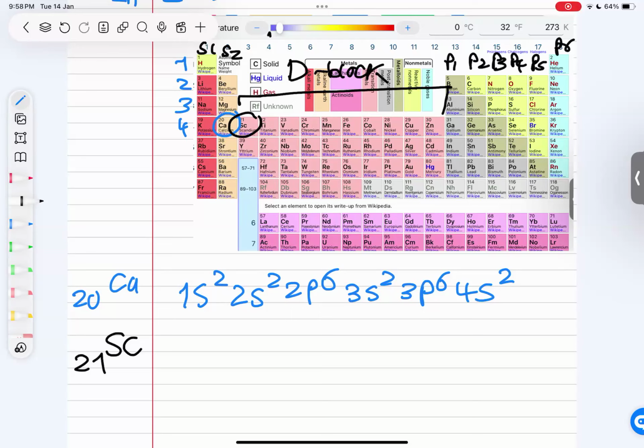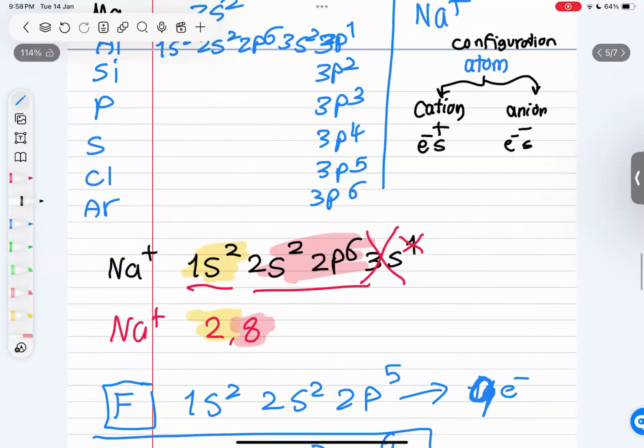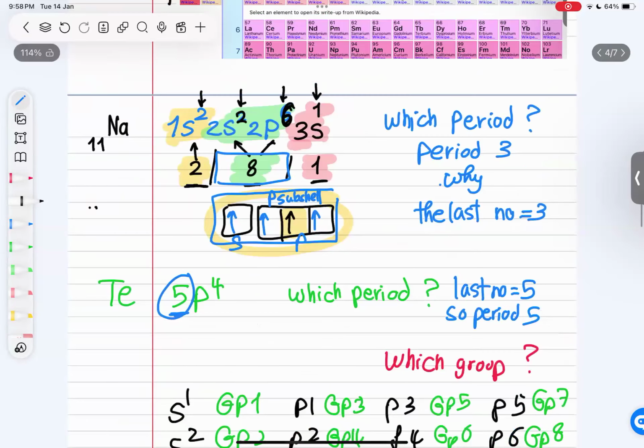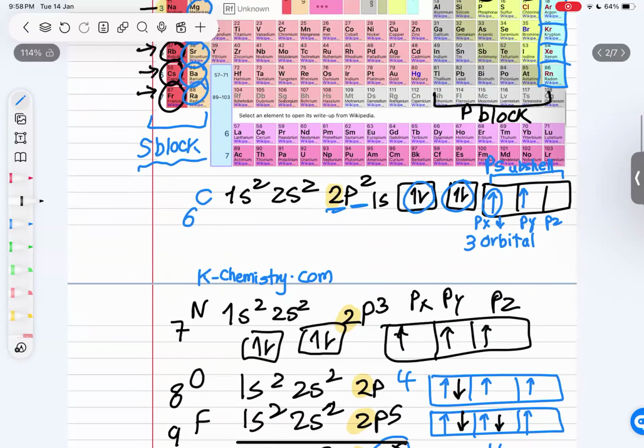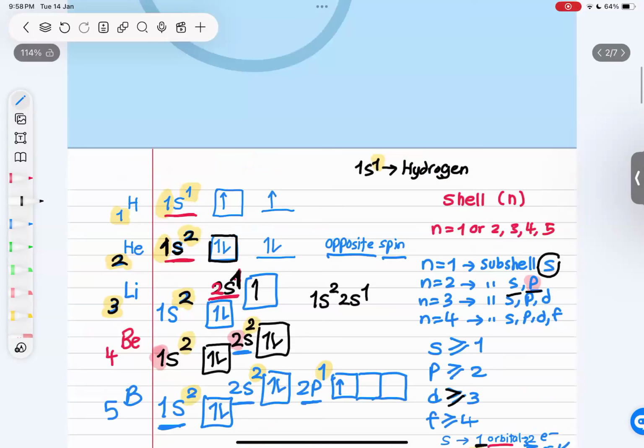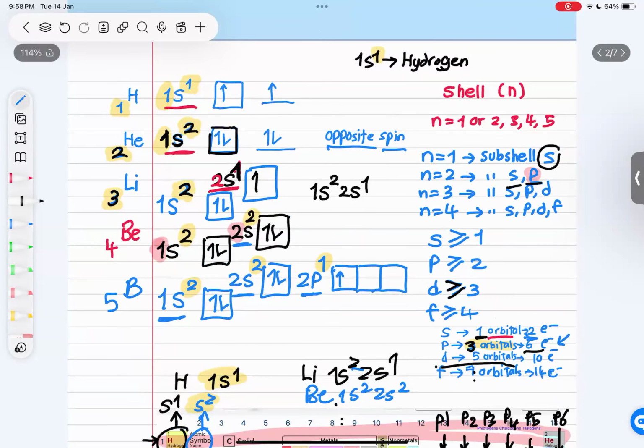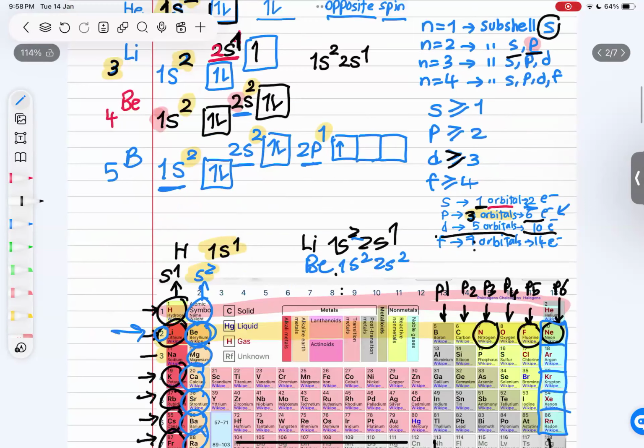In the D block, how many orbitals are there in D? There are 5 orbitals. 5 orbitals means how many electrons? 10 electrons. So let's go down.